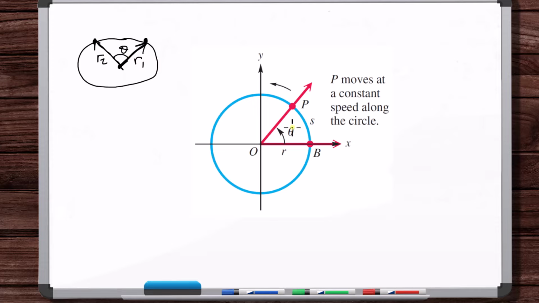And we saw that it ended up being the case that V is equal to R omega. That was the velocity of the point. Since omega is constant and the radius is constant, the velocity of P is constant. So it ended up being the case that, yes, if the angular velocity is constant, then for the corresponding circular motion, the velocity of the associated particle or point or mass is also constant.